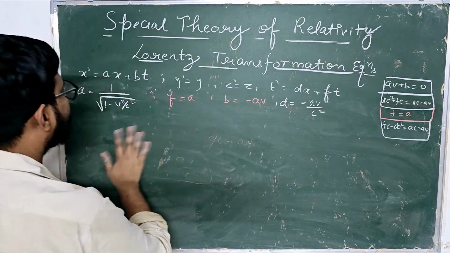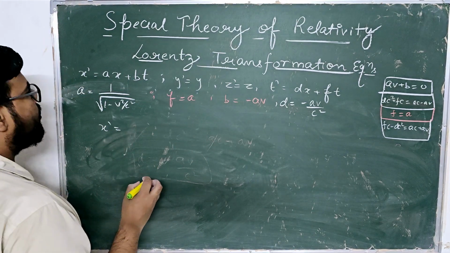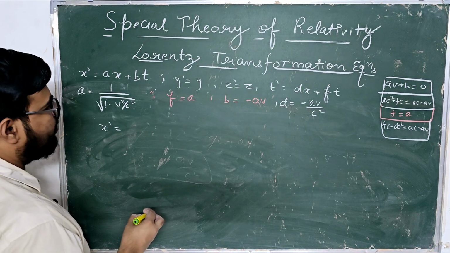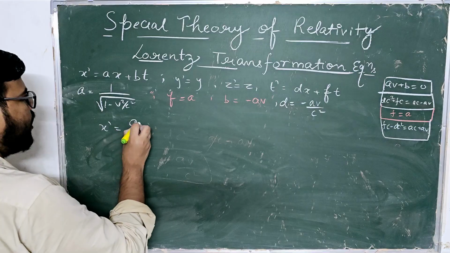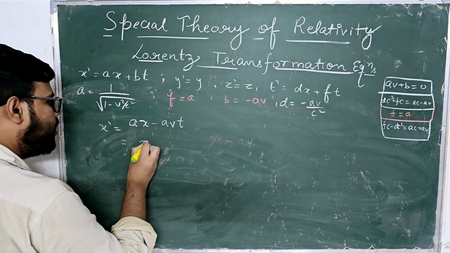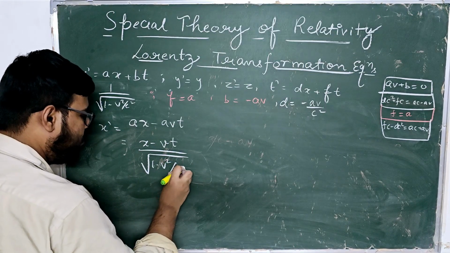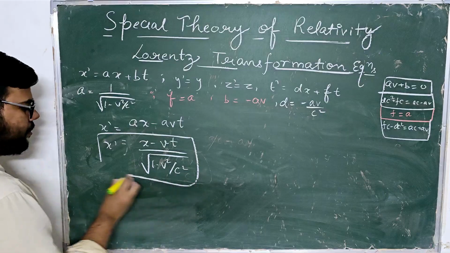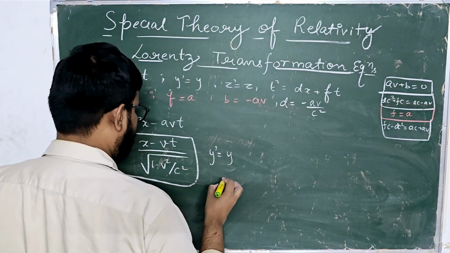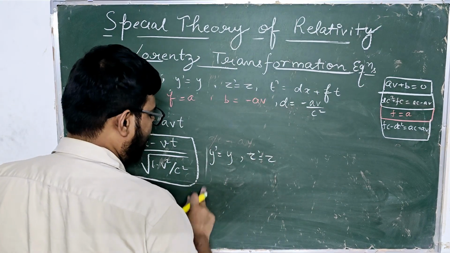So now let's substitute it over here. So x prime is equal to, what is a is this, and b is equal to negative av, so ax minus avt, so it is equal to x minus vt by square root 1 minus v square by c square, and this is x prime, and of course y prime is equal to y, and z prime is equal to z, right?